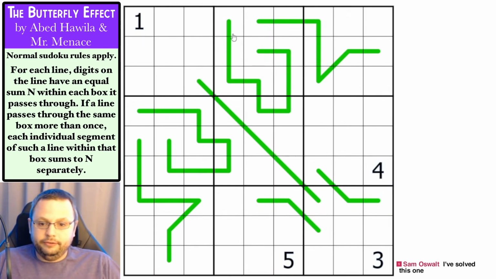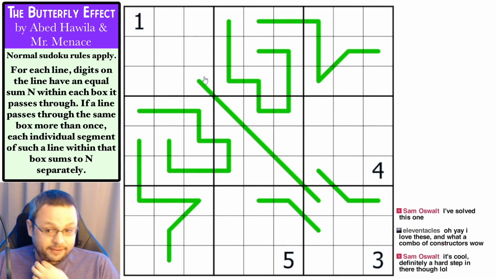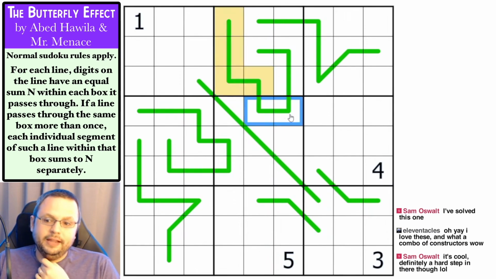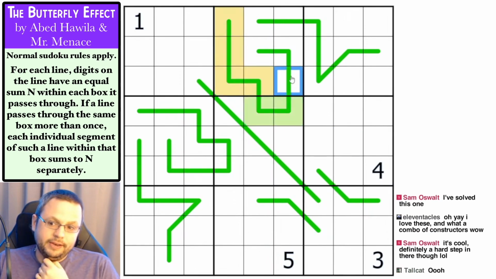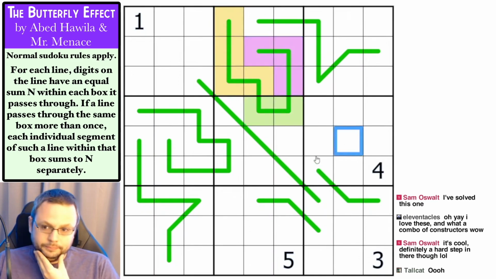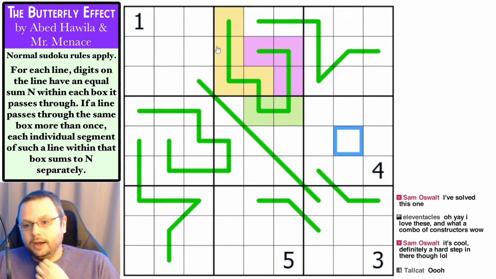I'm not getting into why they are green, but what they mean is that every time this line passes through a region, that collection of digits has the same sum. So the yellow digits have the same sum as the green digits, have the same sum as the purple digits. For this line. And every line is different.